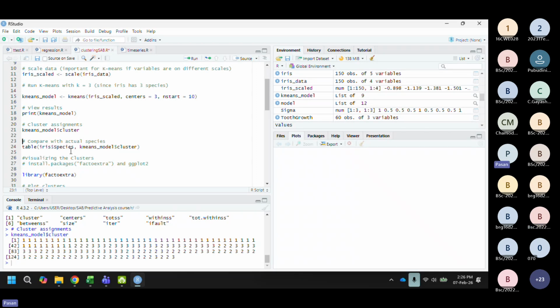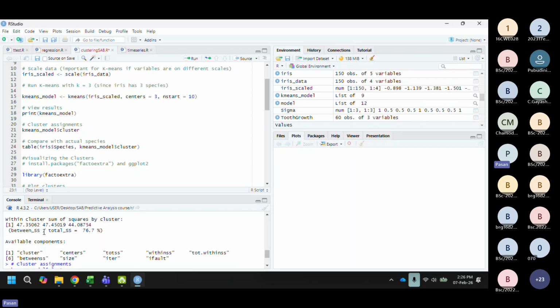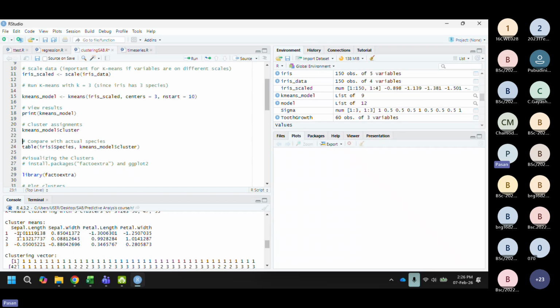The iris flowers they are measuring here, right? They have four variables defined as the sepal length, sepal width, and then petal length and petal width. So these are the measurements they have of the flower.